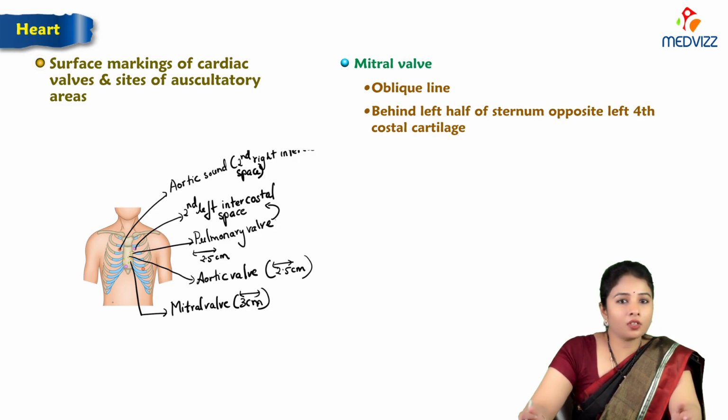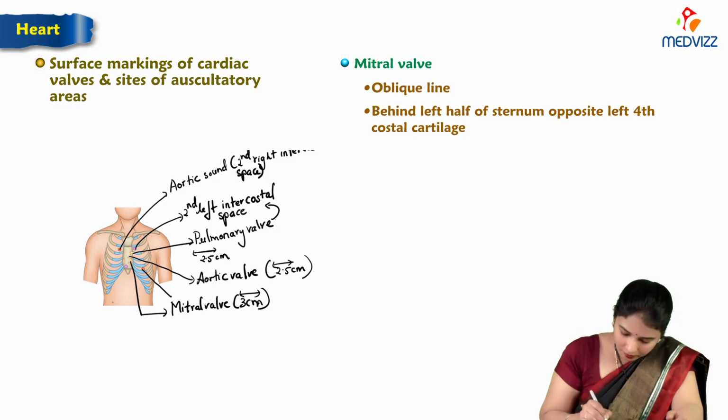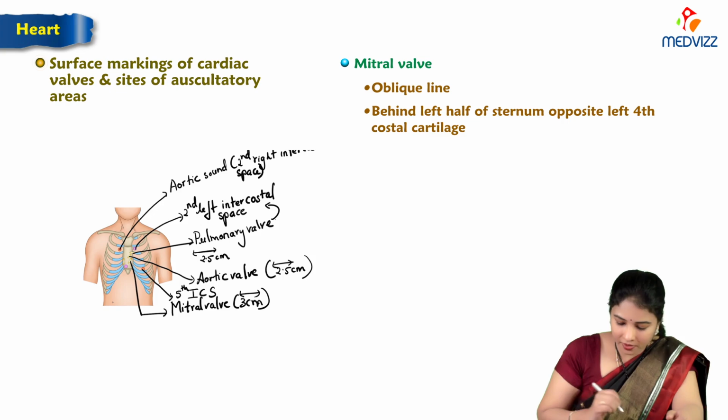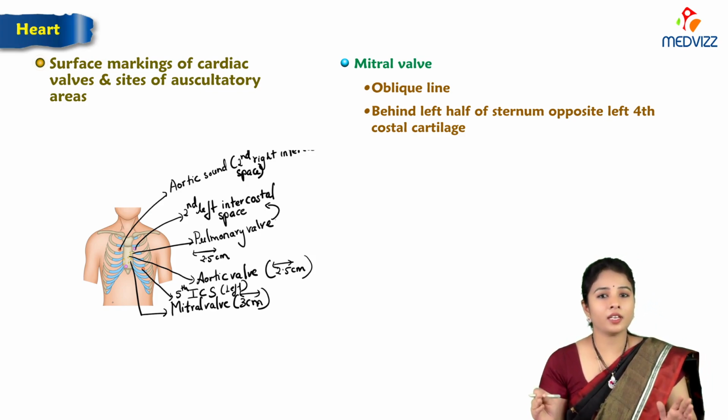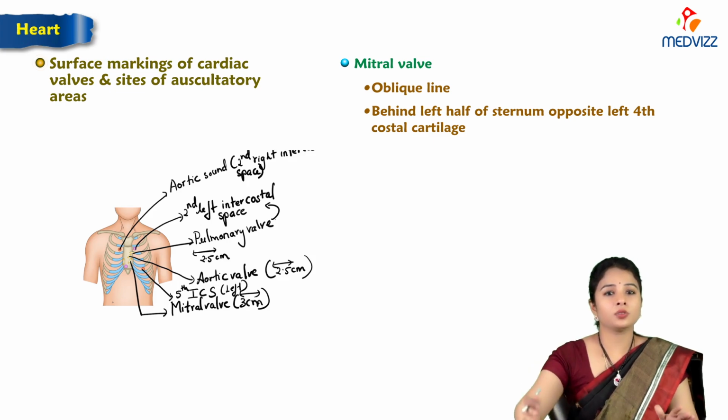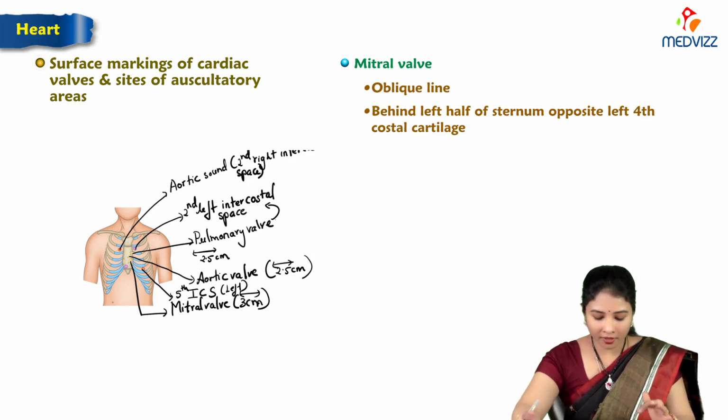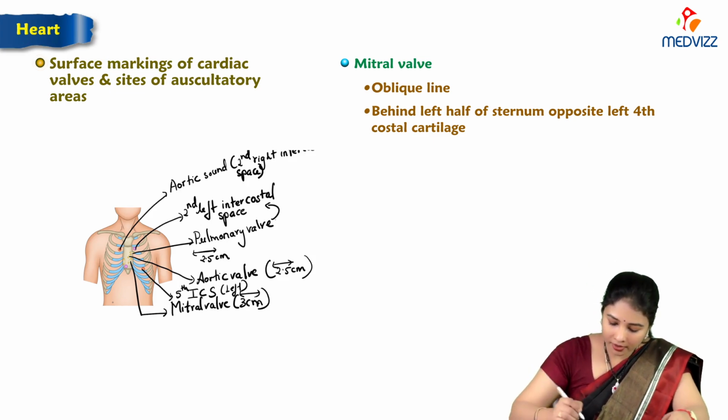The site for auscultation of the mitral valve is the left fifth intercostal space, 9 centimeters from the midline, where the apex beat can be heard. So it is over the apex beat that we can hear the mitral valve sound.